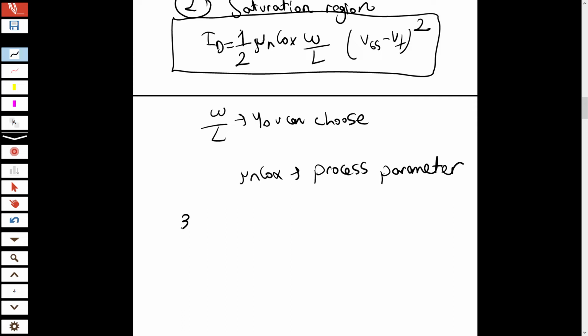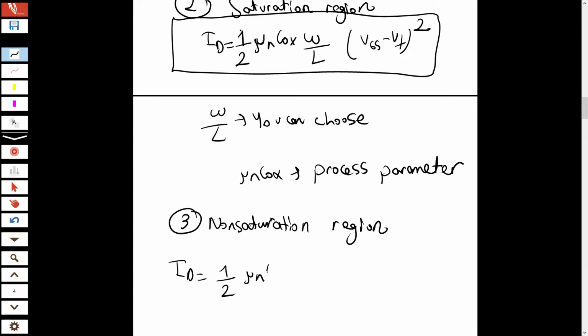So the third region for MOSFETs in its operating point is non-saturation region. In non-saturation region, the current relation is 1 over 2 UN Cox omega over L times [2 times (VGS minus VT) times VDS minus VDS square].